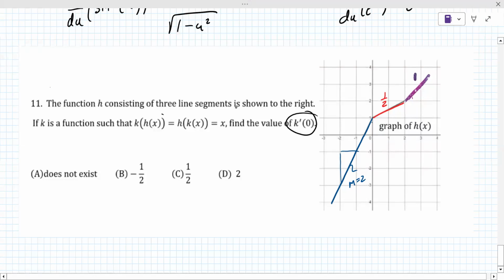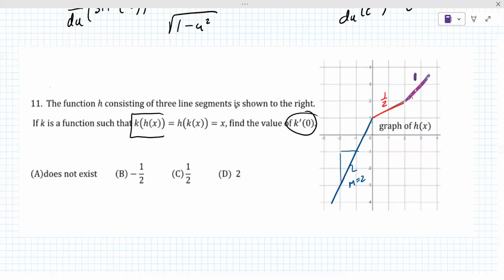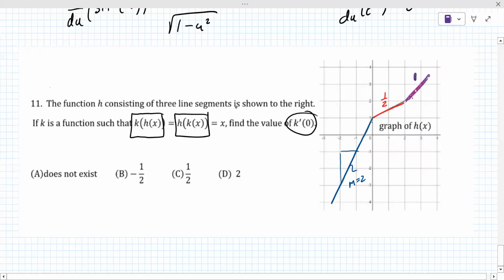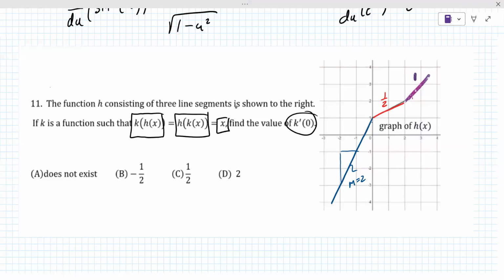And we know that k of h of x equals h of k of x. So we can start by taking the derivative of one of them or both of them, which equals x. So they're asking for the derivative of x.